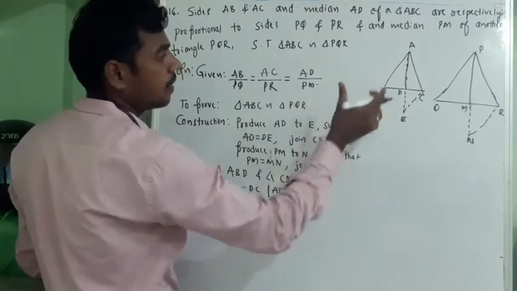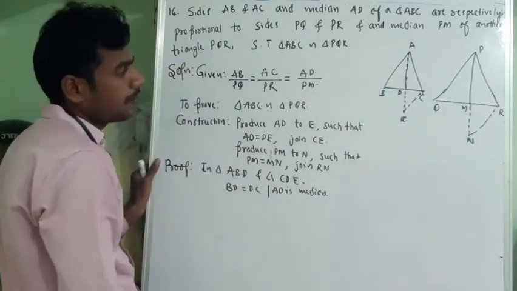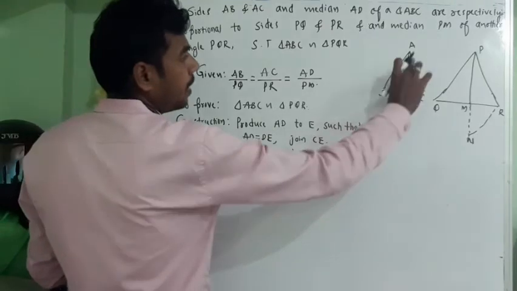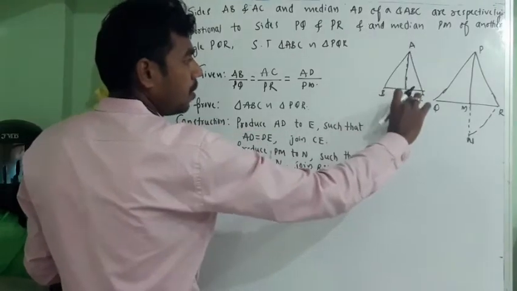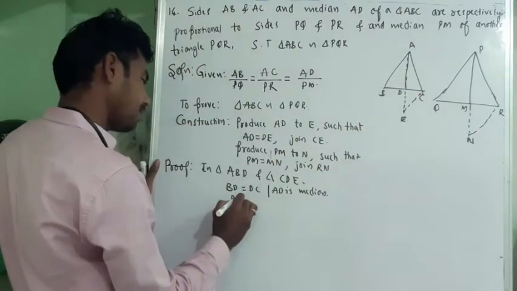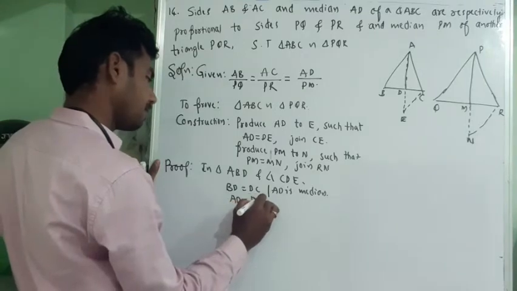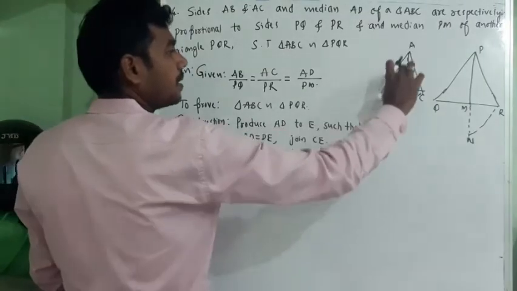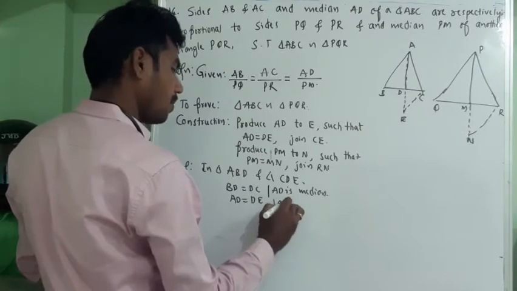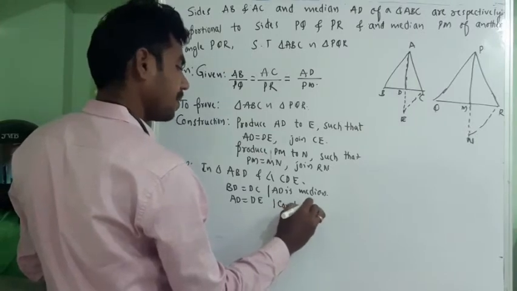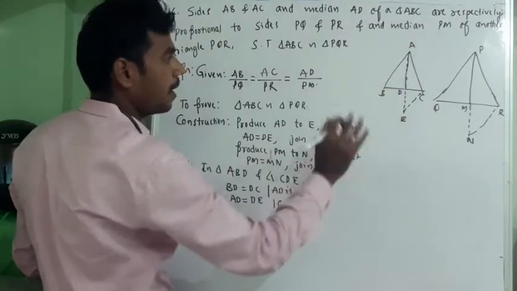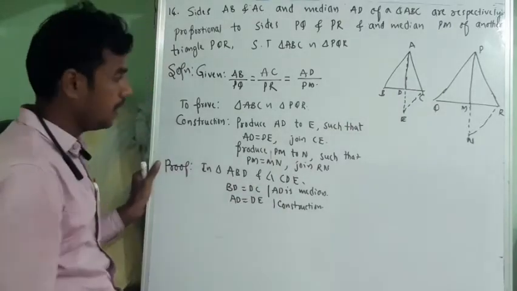AD bisects BC. Okay. Next, AD is equal to DE. From the construction, we have constructed it in that way. That is the reason AD is equal to DE.